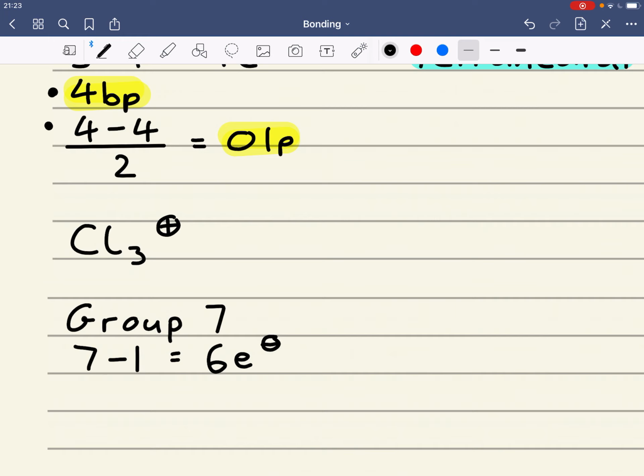How many of those 6 electrons are involved in forming bonding pairs? That's the number of atoms attached to the central atom. And if one of those 3 chlorines is the central atom, then there must be 2 chlorines attached to that central atom, which would mean I've got 2 bonding pairs.